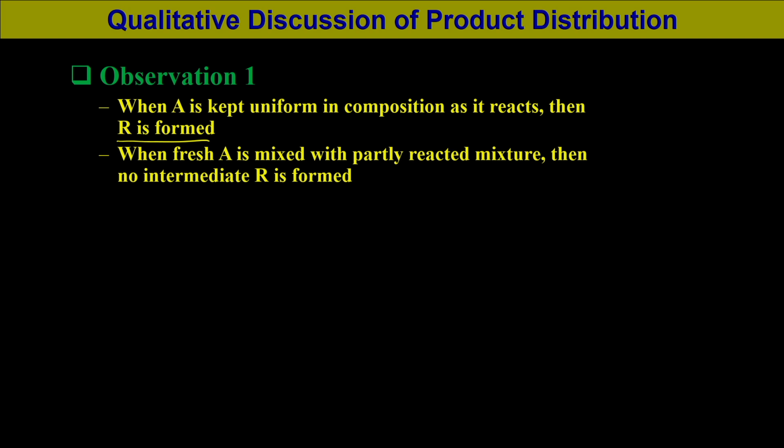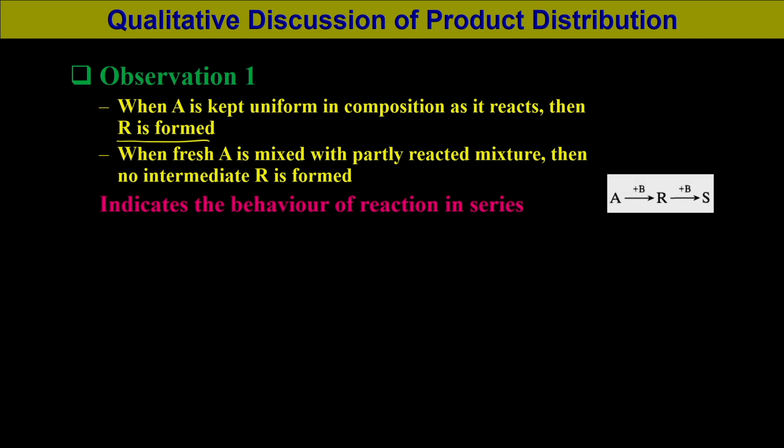So, this is the typical trend of reaction in series, the A to R to S with addition of B in each of the reactions. That is called the typical behavior of series reaction.